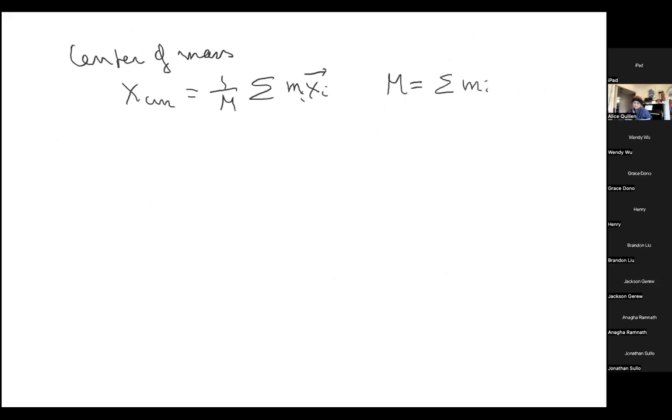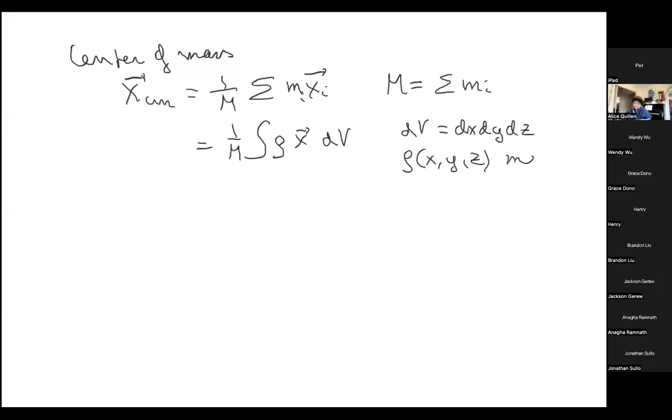So this is the center of mass position. You could also write it as an integral over a density distribution, rho dV, where dV is a volume element and rho is a mass density, integrated over the body. In this case, m is just the integral of rho dV.